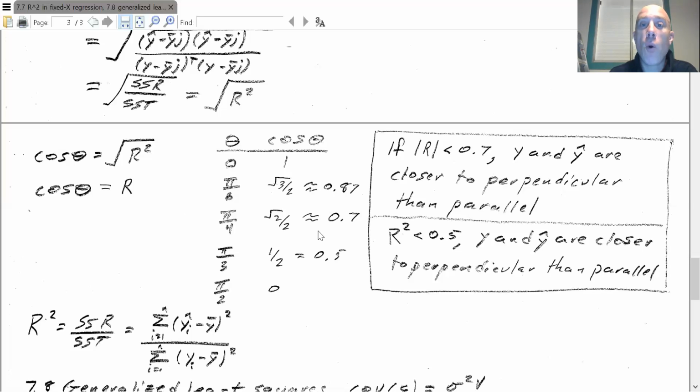If you see an R that's less than 0.7 in magnitude, or an R squared less than 0.5, just know that really it can't be informative. Now, if you do hypothesis testing and I have 10 million data points and I see that my R squared is statistically greater than 0 and my R squared is 0.48, something like that. Well, you know what?